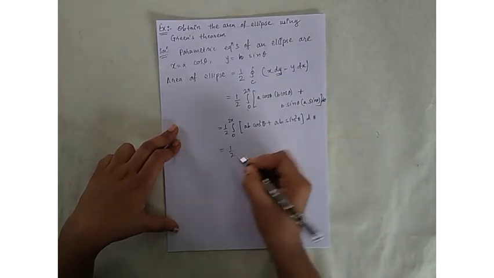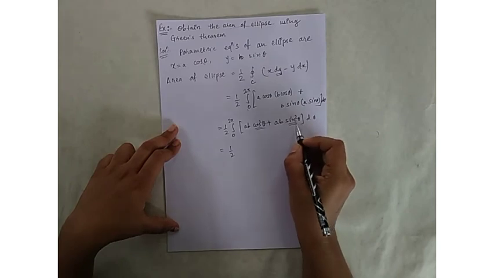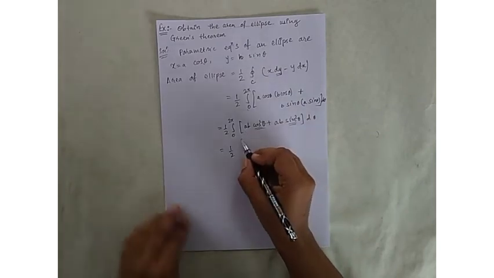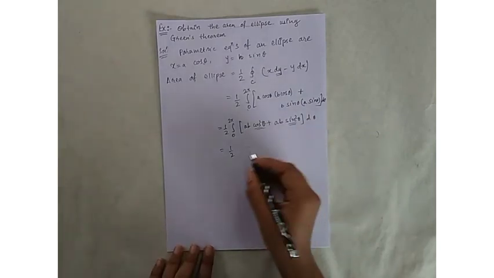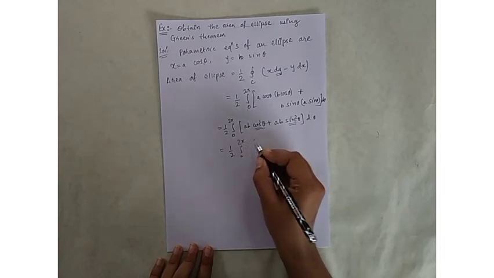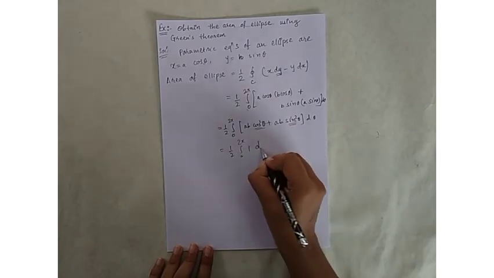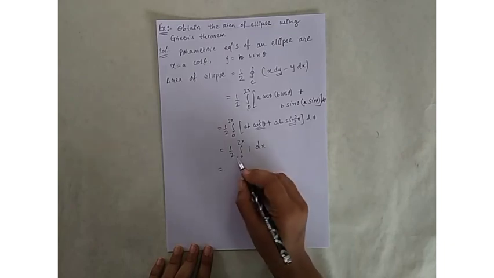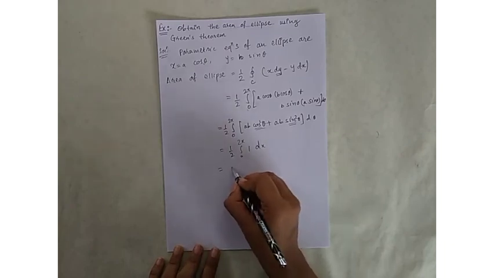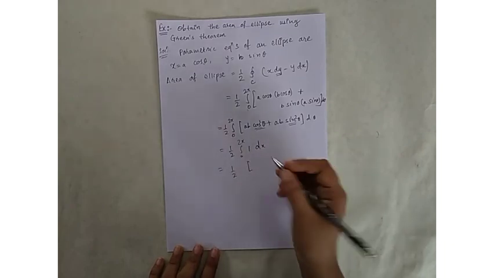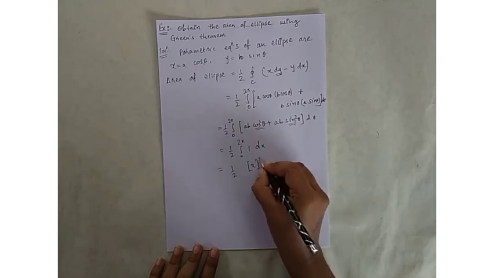We know that cos square theta plus sin square theta is 1, and taking ab common, this integral will become 1 d theta. Integrating this, 1 by 2 becomes theta with limit 0 to 2 pi.